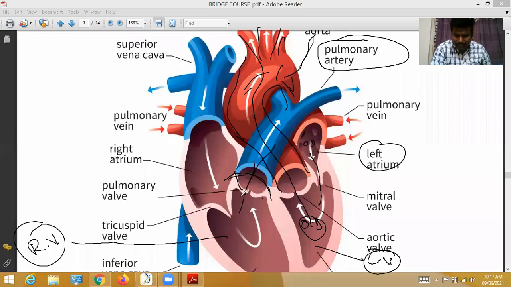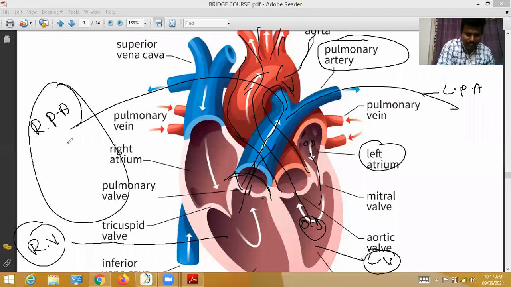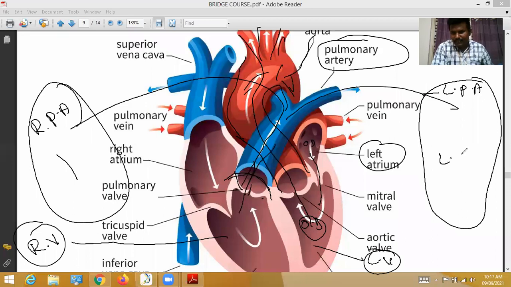From the right ventricle, the pulmonary artery originates, and outside of the heart it is divided into two branches: the right pulmonary artery and the left pulmonary artery. The right pulmonary artery is connected to the right lung. The left pulmonary artery is open to the left lung.